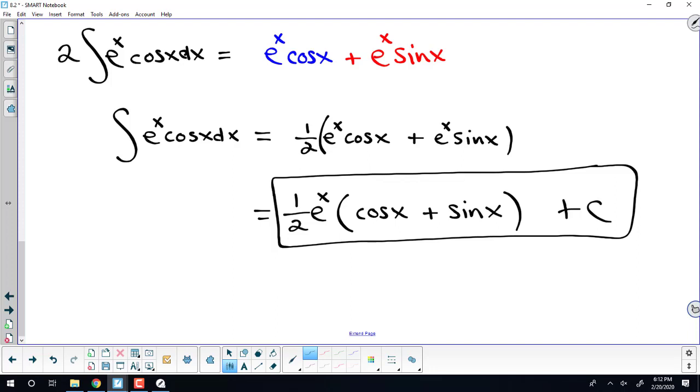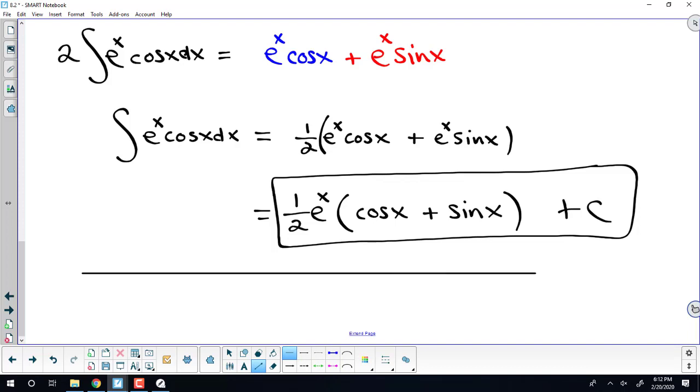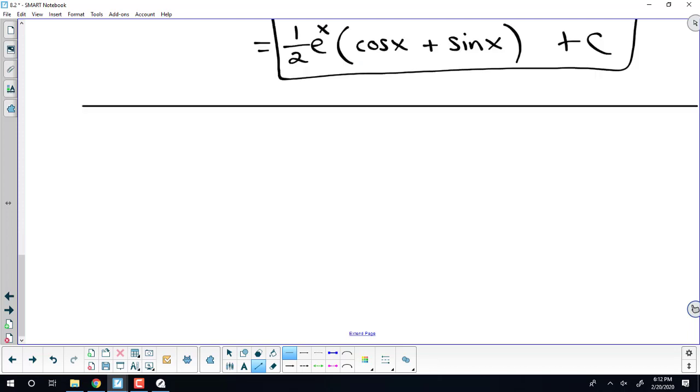So, in a situation like this, if you're using that tabular integration, it's not going to tell you when to stop. Like when we integrated x squared times e to the x, we knew when to stop because the derivative of x squared eventually reached 0. So if we say, all right, originally my u was cosine x, and my dv was e to the x, derivatives here, we'll just space them out.